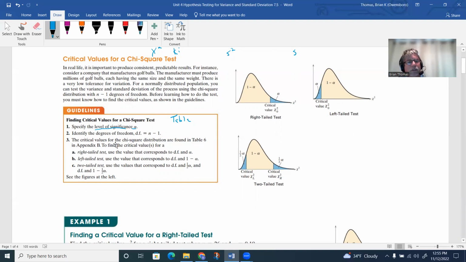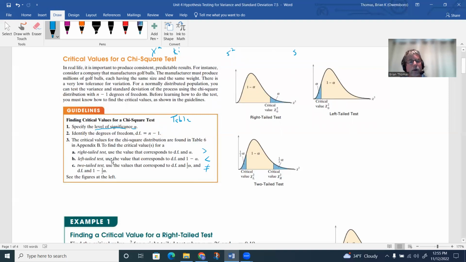Now, the catch is when we use the table, we have to pay attention to whether it's right-tailed, left-tailed, or two-tailed. Right-tailed means greater than, left-tailed means less than, and two-tailed is when it's not equal to.